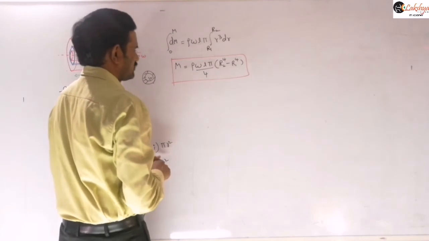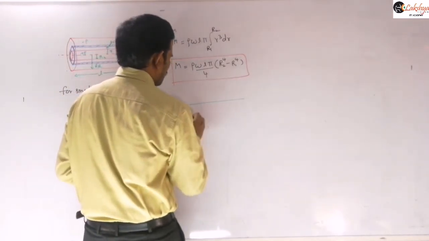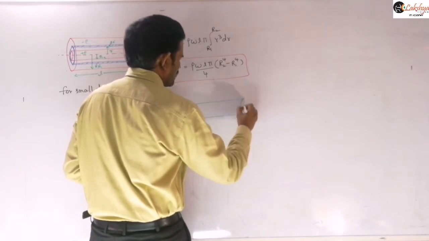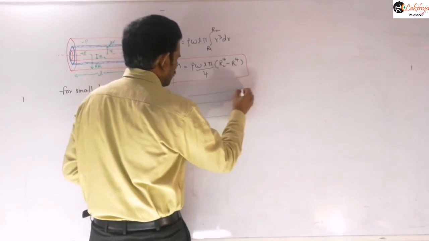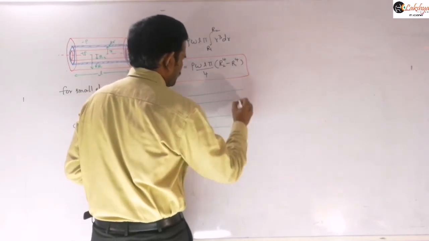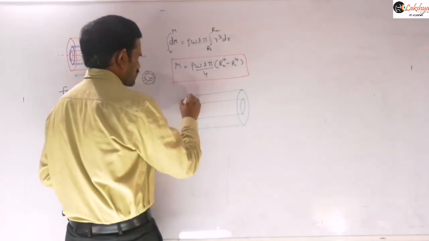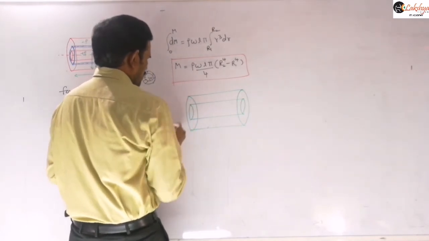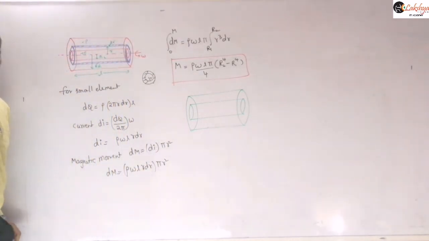So here what I am taking is this inner cylinder. It is now surrounded by this outer cylinder here. So this is the situation. Now it is revolving about its own axis with an angular velocity omega there.